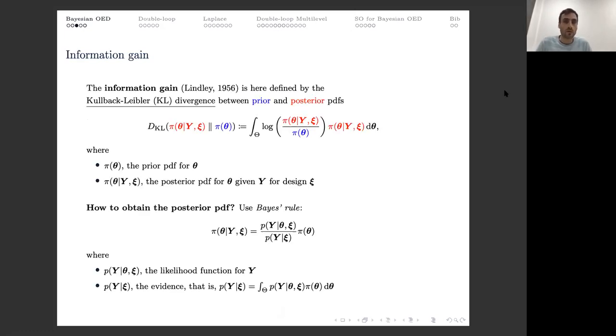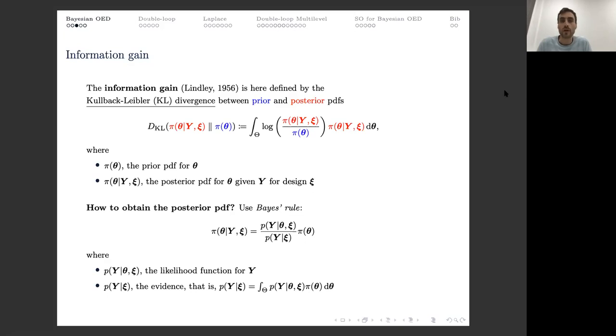So it's quite usual to use the information gain here, called Kullback-Leibler divergence, which somehow measures the discrepancy between our knowledge prior to the experiment and the posterior of this experiment. So here pi of theta represents our knowledge prior to the experiment. So it is what we know beforehand.